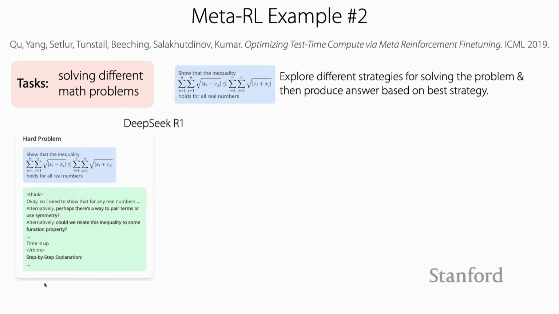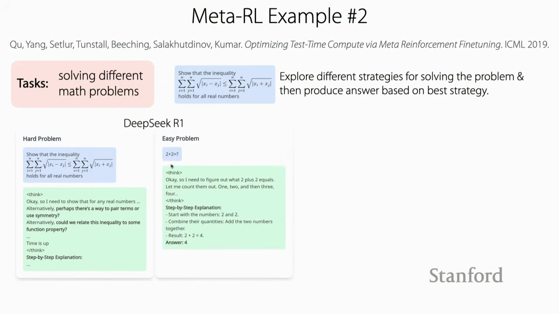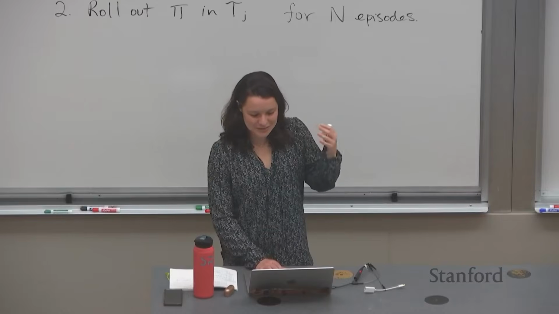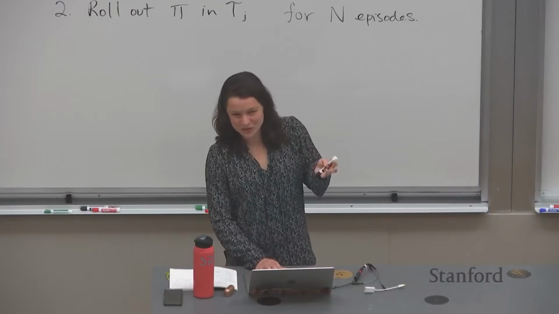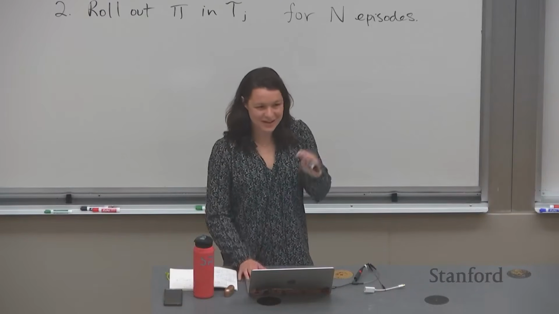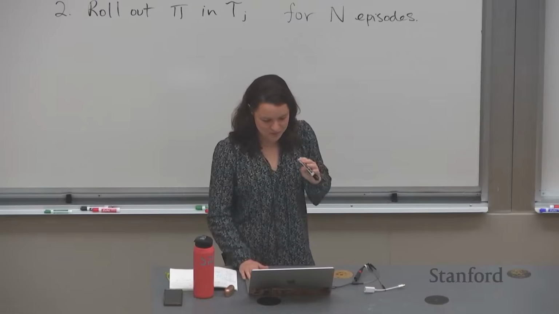If you give it a really easy problem, like 2 + 2 = question mark, it also thinks through what the solution might be and then gives a step-by-step explanation. This is clearly somewhat wasteful, unless it's a challenging problem.